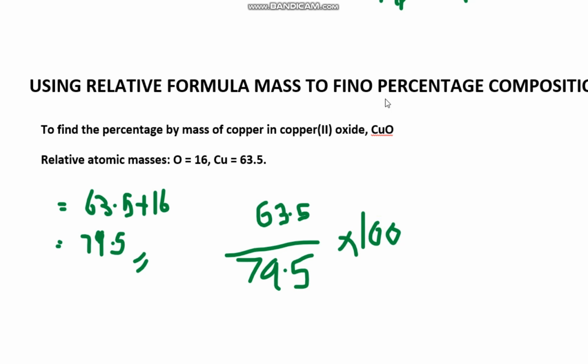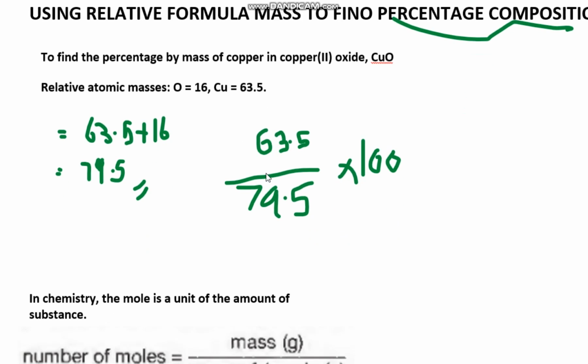We need this as a percentage composition, so we multiply by 100. So we'll get an answer of 79.9 in the form of a percentage. If you want to find it for oxygen, you can put 16 here instead of 63.5, and you will get a different answer.